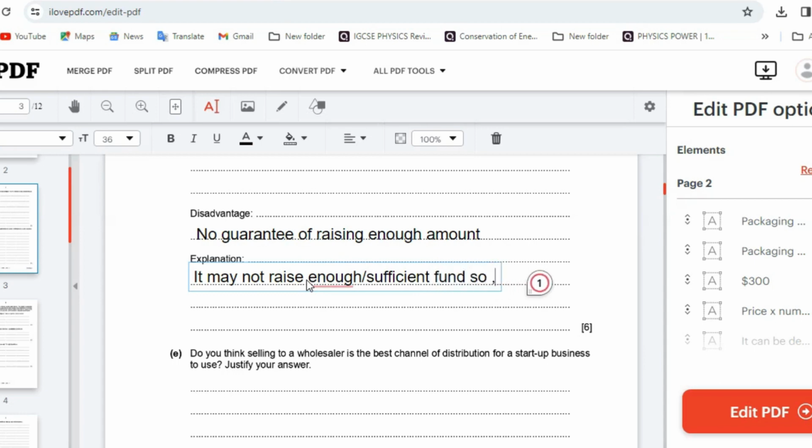So you must find another source of finance.